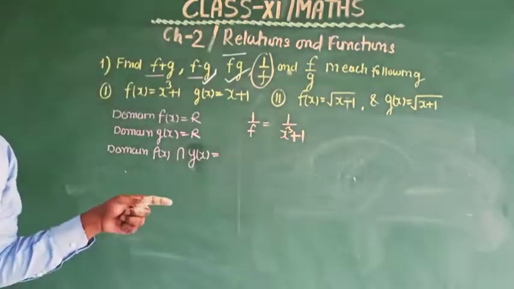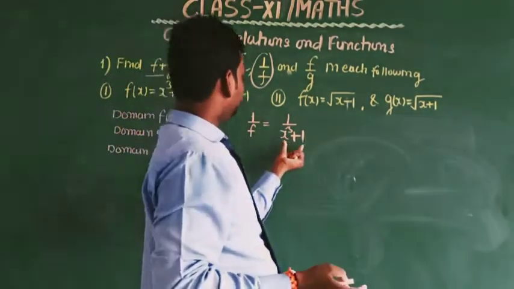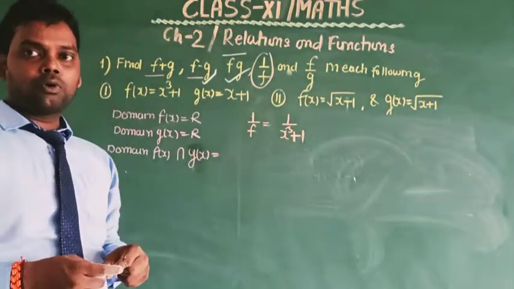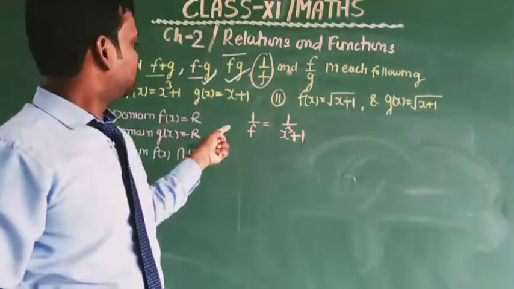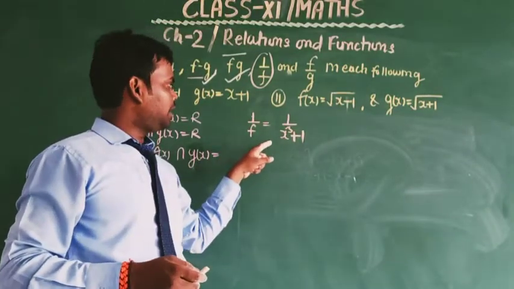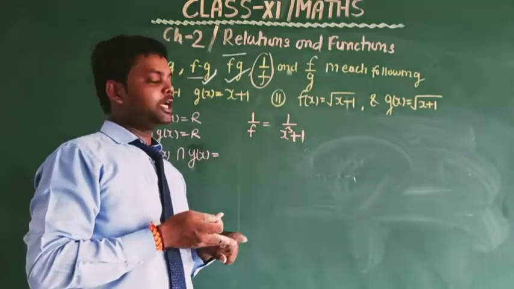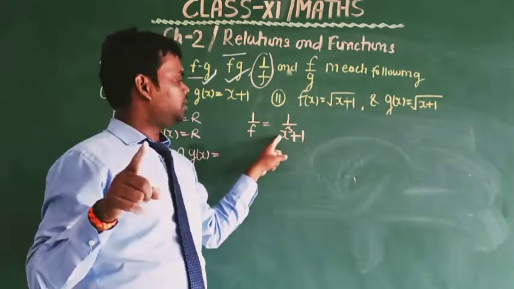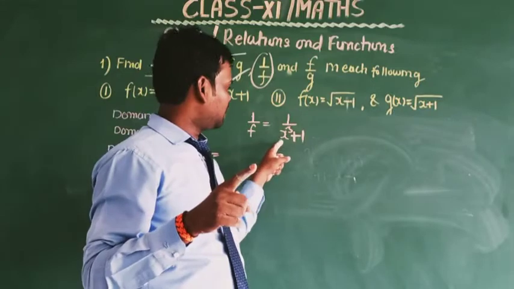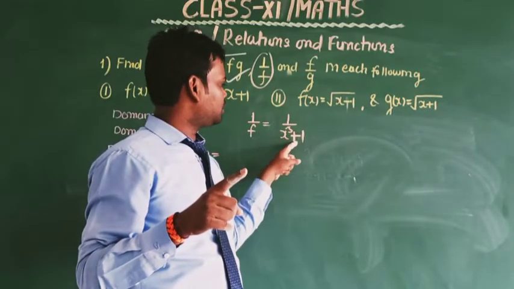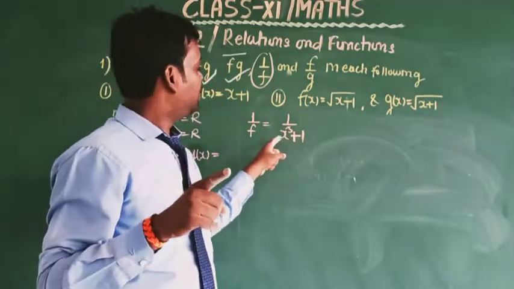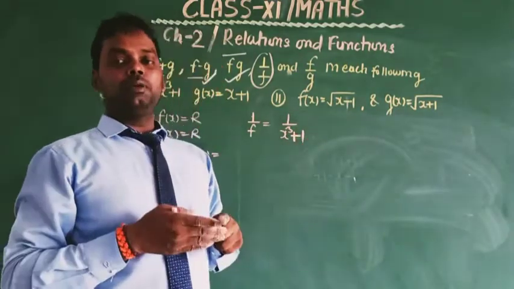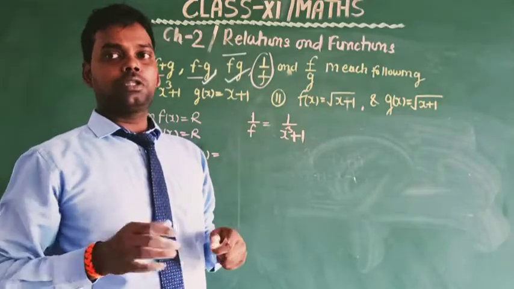So dear children, this 1 upon f is a reciprocal function, so it is not defined for all real numbers. If you substitute x equal to -1 here, then (-1) to the power 3 plus 1: (-1) to the power 3 is -1, and -1 plus 1 is 0. So 1 upon 0 is not defined. The function is not defined there.